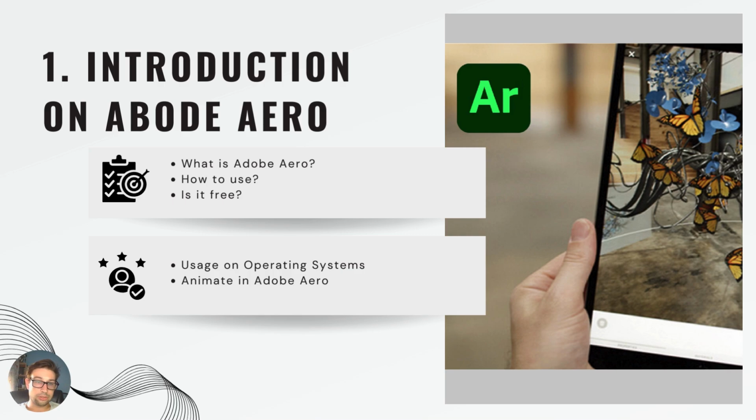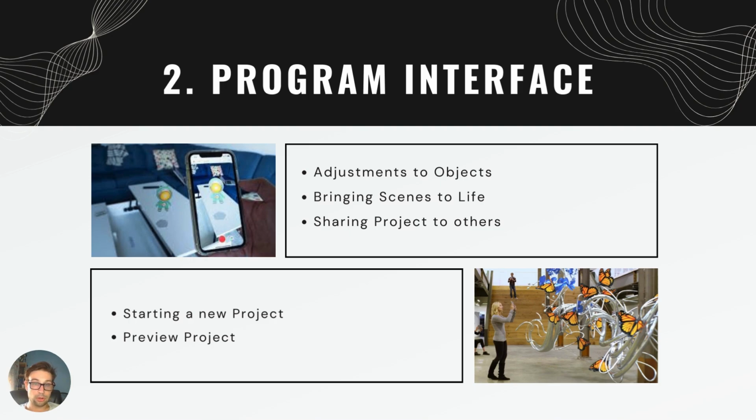You can use this on any operating system. It's usable on Mac, iOS, and Windows. We will see this in the next slides. And you can use this to animate anything you want through this application, as I said on the first slide at the beginning.